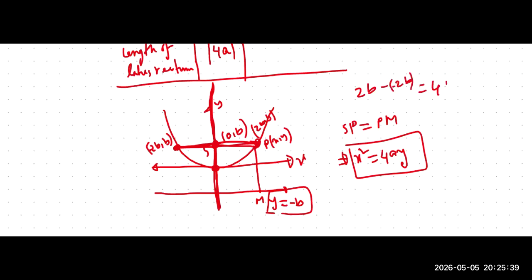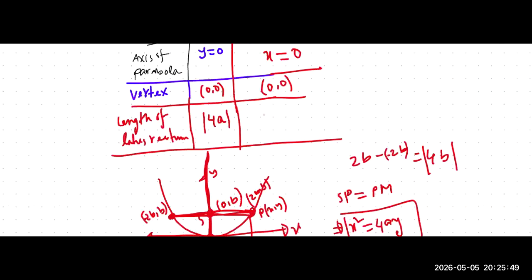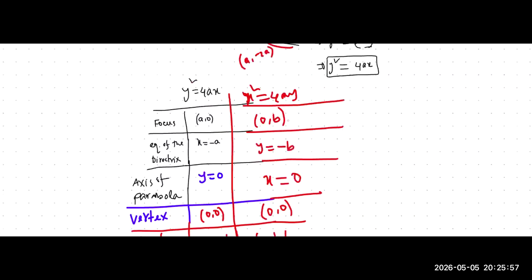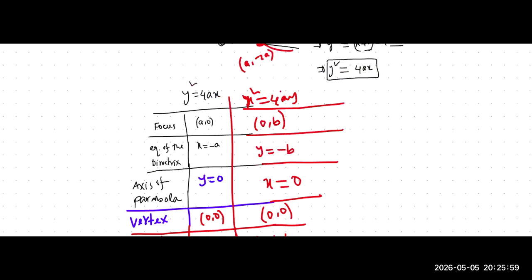If b is negative, this distance would come out negative, so we need to consider the absolute value. So the length of latus rectum for the second kind of standard parabola, x square is equal to 4by, is the absolute value of 4b.